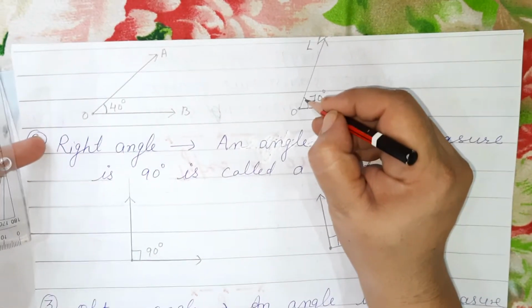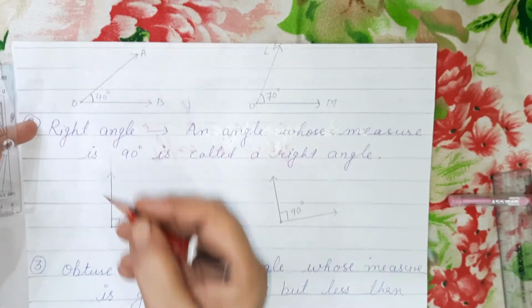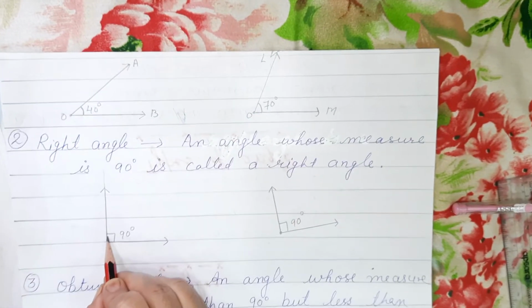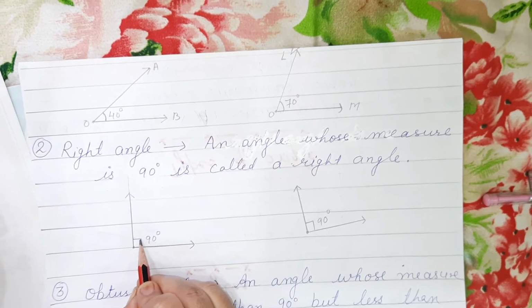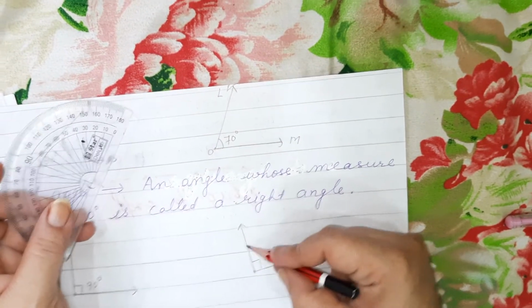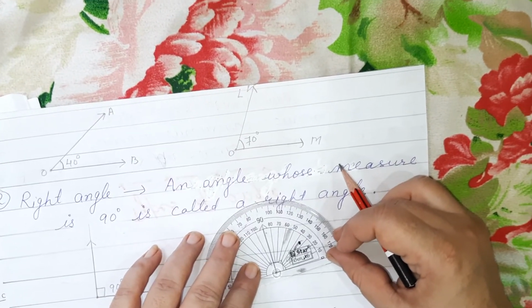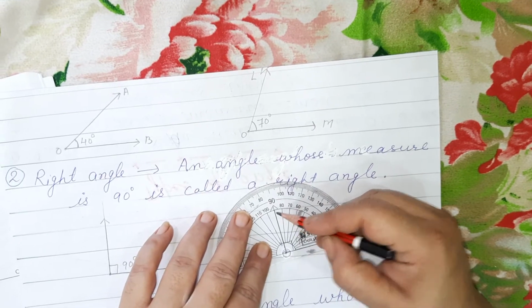And this is the sign of a right angle. When we make a right angle, we make it straight, like this. Now it is also first ray, second ray. I am arranging my protractor here. See, under 90 degrees. So it is also 90 degrees.